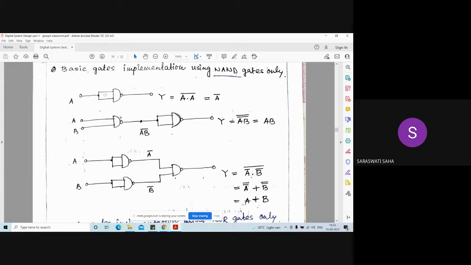If both inputs are now A and A, the output expression is A dot A, then complement. A dot A gives us A. There is a rule: A dot A equals A, A plus A equals A. So finally you will get A naught. In this configuration, this two input NAND gate is acting as an inverter. Clear?